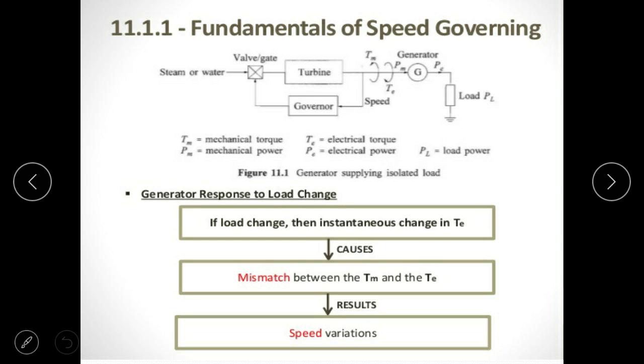First is fundamental of speed governing system. Now in this system, a speed governor or governing system is connected at the generation point to control the active power.